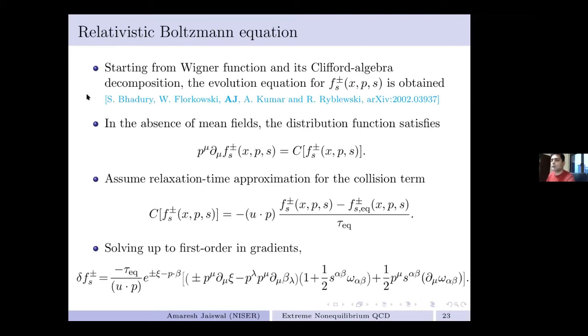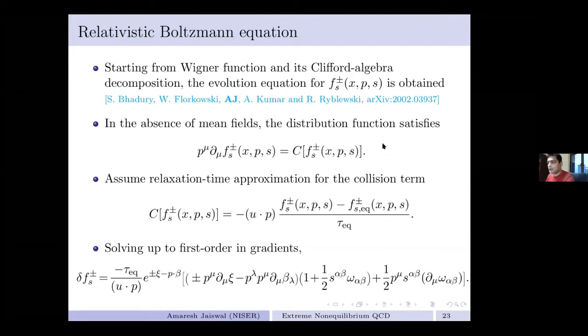One can show, using the Wigner function and its Clifford algebra decomposition, that the distribution function f, which is a function of x, p, and s, indeed follows a Vlasov-like equation in the absence of collisions and mean field.